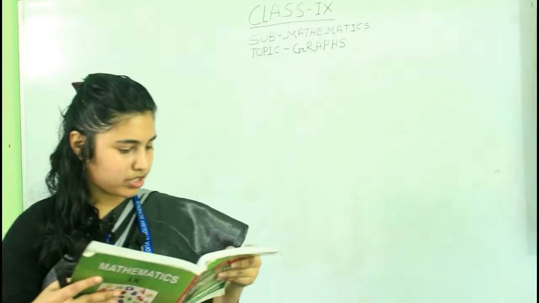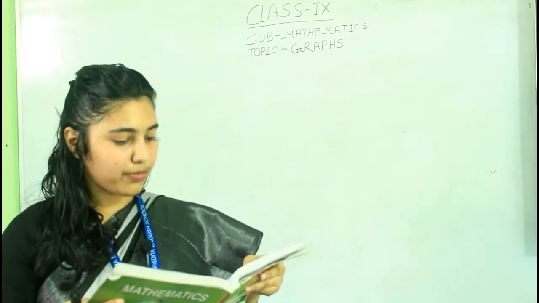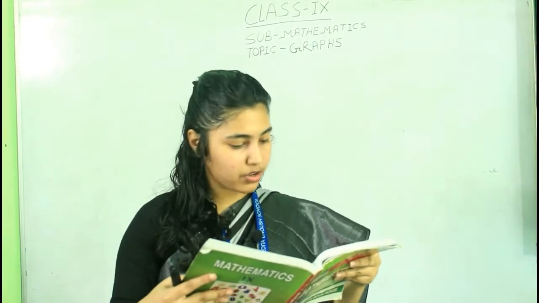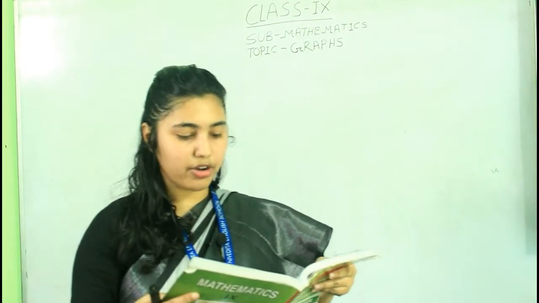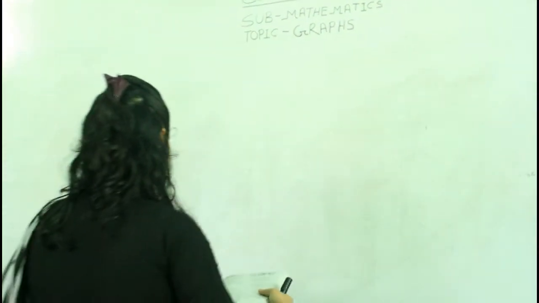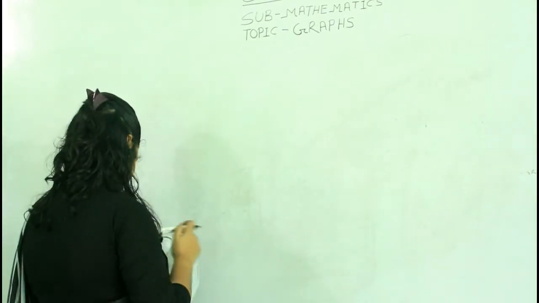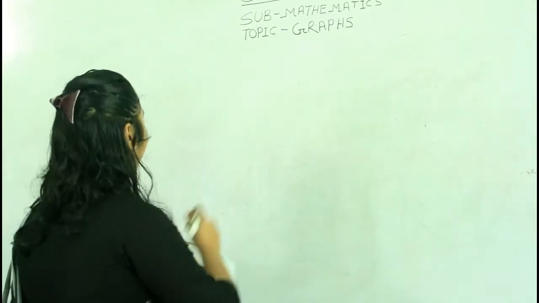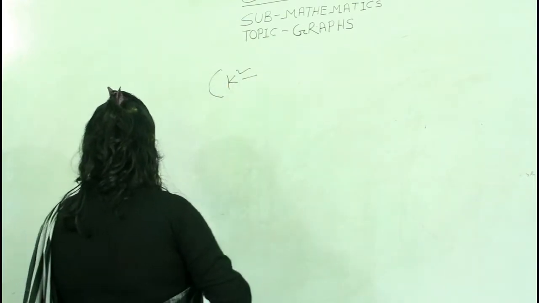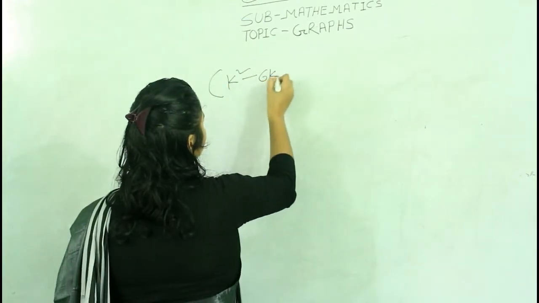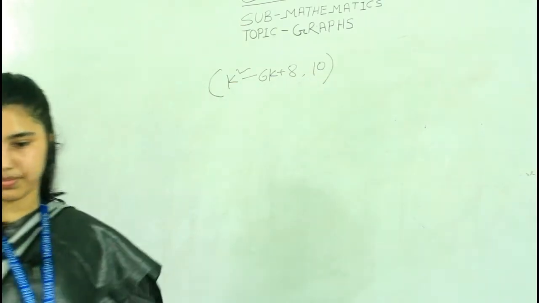Now our next question, question number 7. Find the values of k, if the point k square minus 6k plus 8 comma 10 lies on the y axis. So here our point is k square minus 6k plus 8 comma 10.